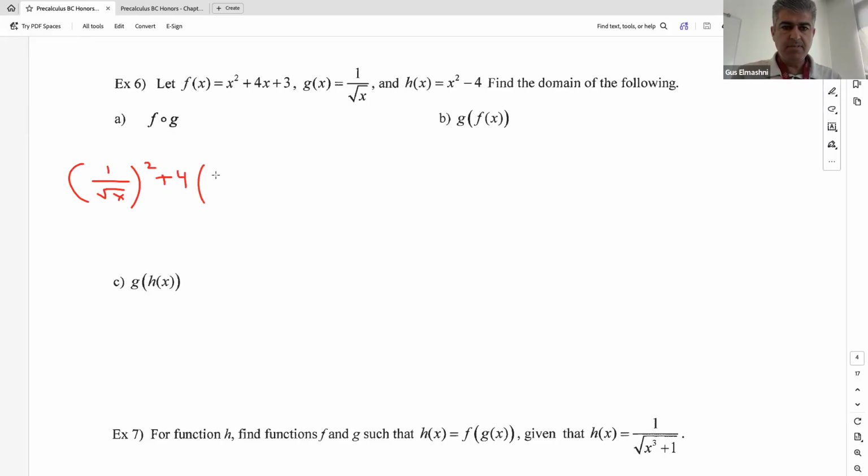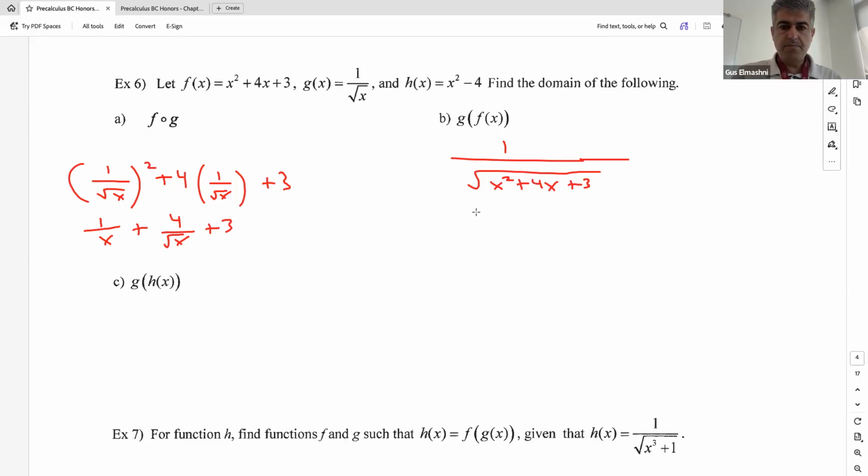Domain, it's just. Oh, yeah, this is just one word. And then you get to rationalize. I don't care. Yeah, it doesn't matter to me. G of f of x.